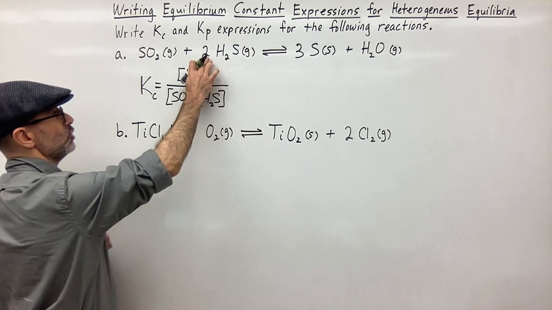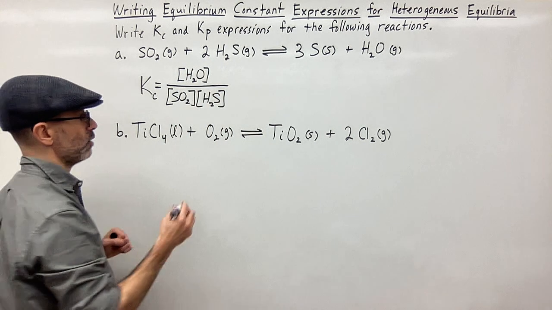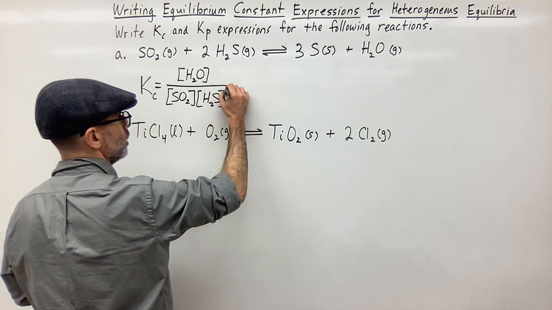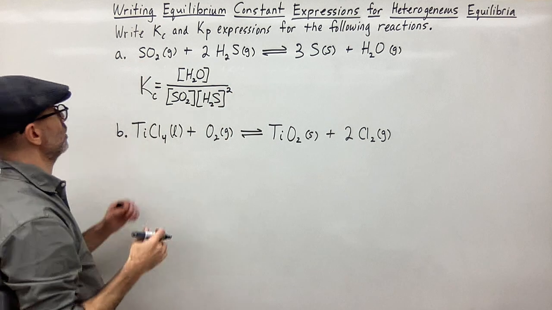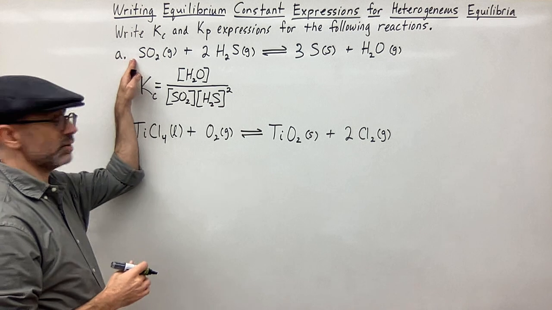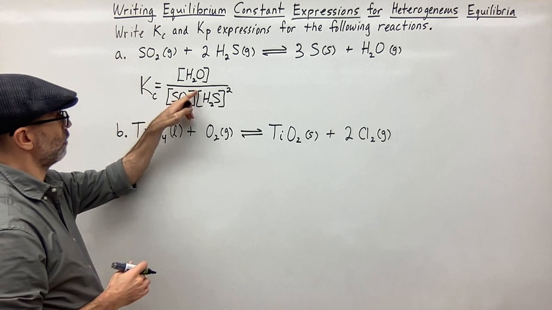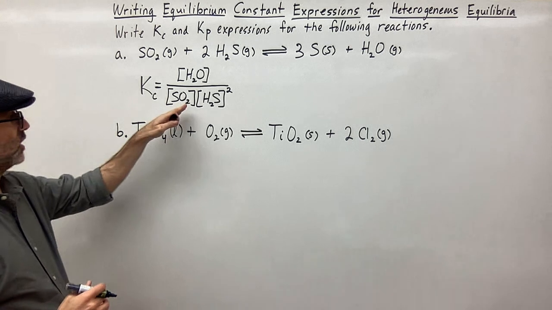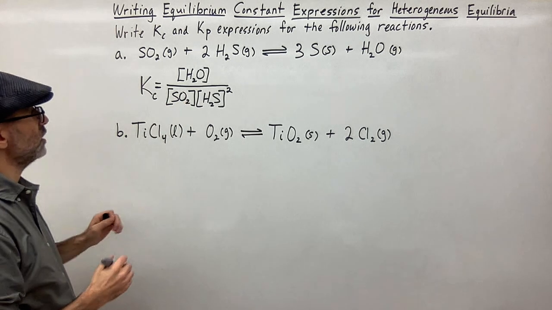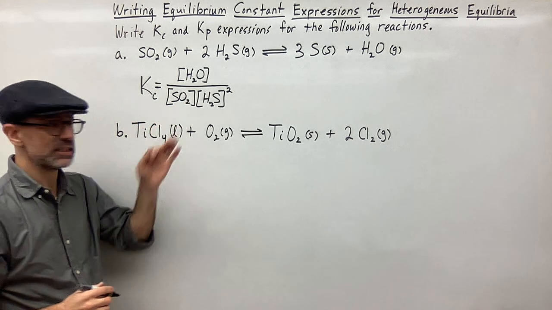Since we have a 2 here, that's going to be raised to the power of 2. SO2 has a coefficient of 1, so that's raised to the power of 1, so we don't write the 1, but it's understood to be there.